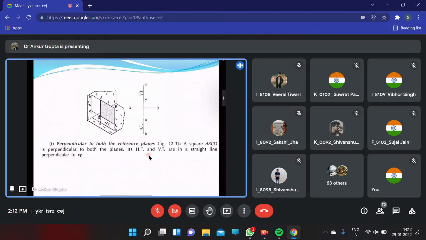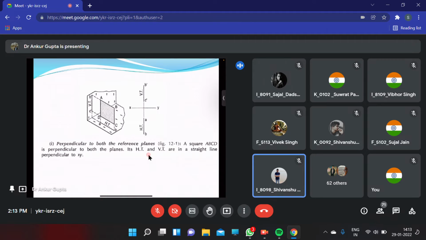No, sir. Okay, so traces are nothing but when you extend the lines here, extend this part on the reference plane, wherever it cuts the reference plane, that will be known as the traces. When it cuts the vertical plane, it will be known as vertical trace. And when it cuts the horizontal plane, it will be called horizontal trace. समझ आया?